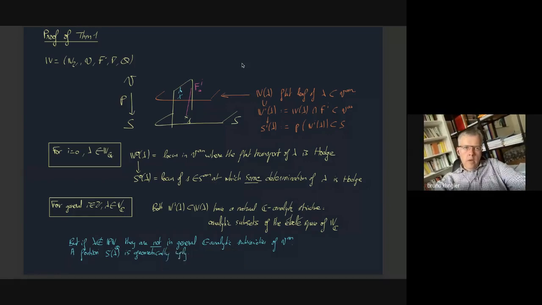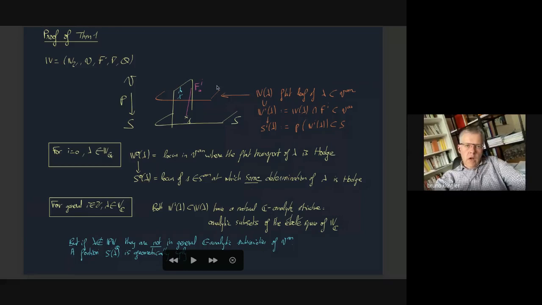Well, the first thing is to really make a picture. So you have this variation of Hodge structure over S. Then you can make a picture of the horizontal leaf going through a class lambda in this bundle. So V(lambda) will be the flat leaf of lambda. And inside V(lambda), I can try to describe V_i(lambda).